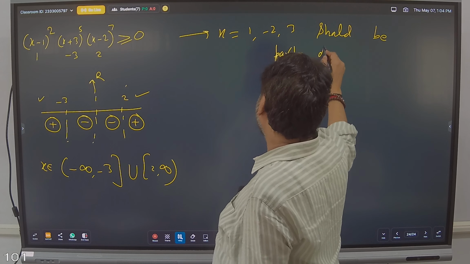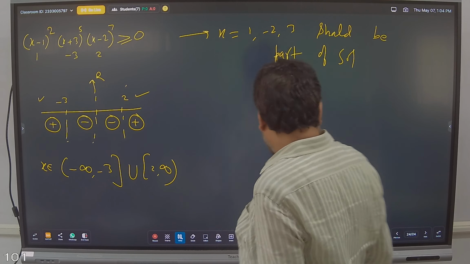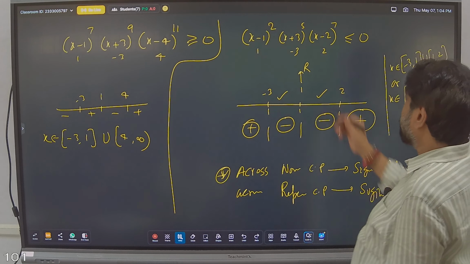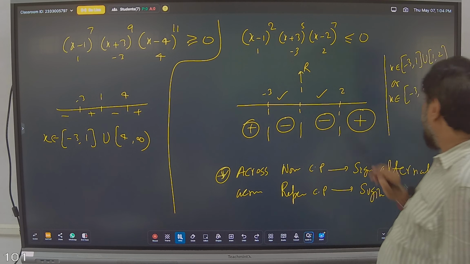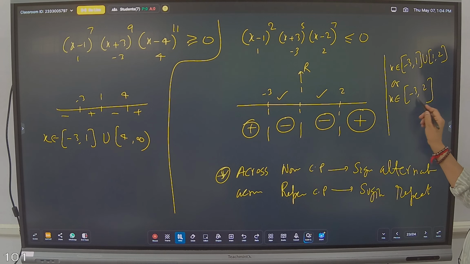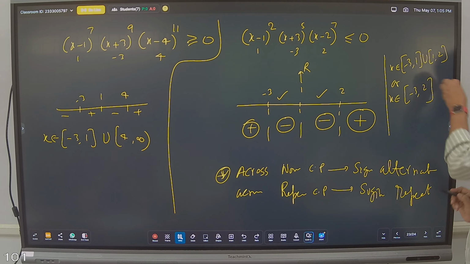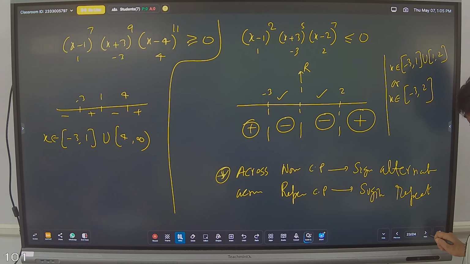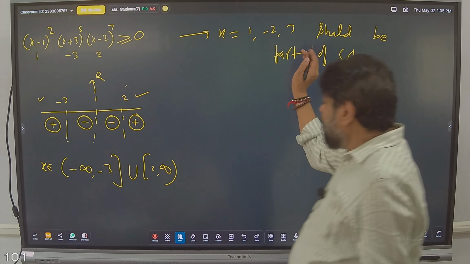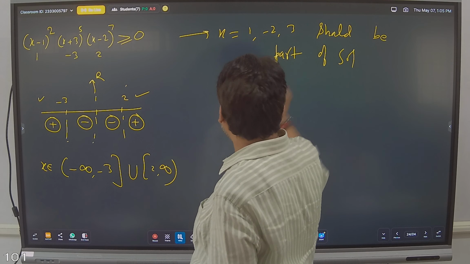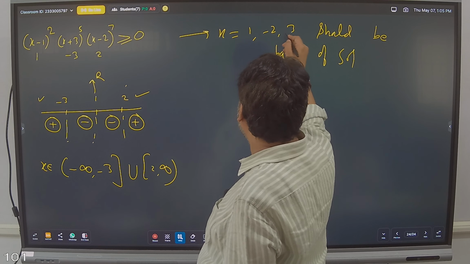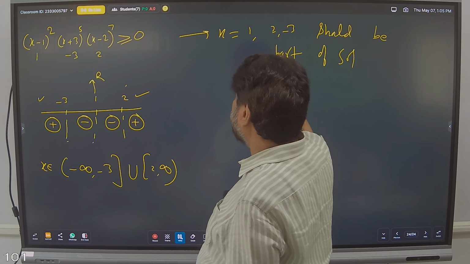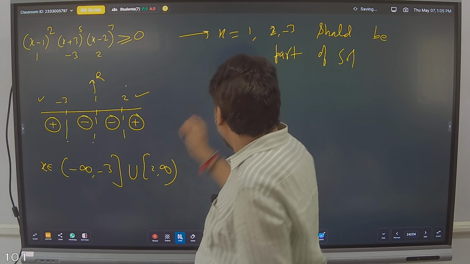Yes or no? Yes, like in the previous one also. 1, minus 3 and 2 should be part of the solution. Is it part of the solution or not? See, 2 included, minus 3 included, and 1 is also there inside. Here verify: is -3 available?